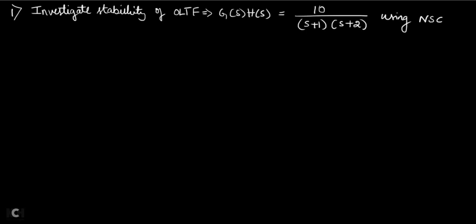So instead of taking one procedure for lower order systems and another for higher order systems, I have generalized the complete working rule, and let us apply the same procedure whether it is a lower order or higher order system.